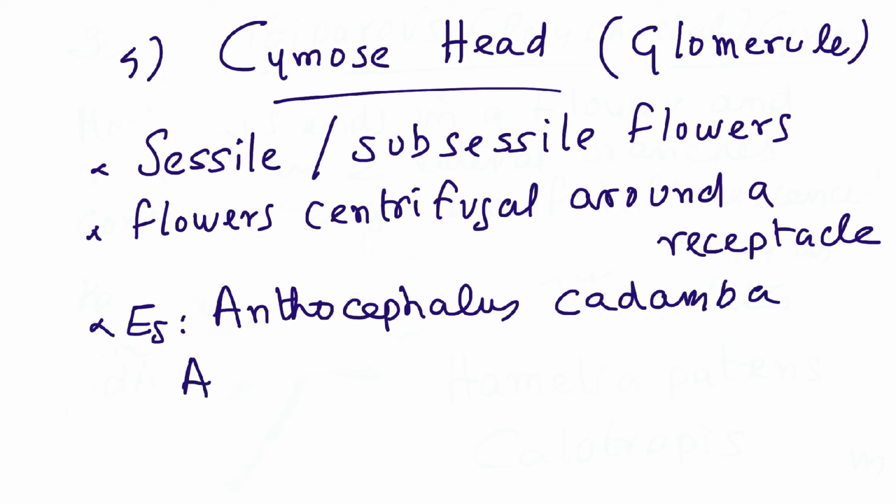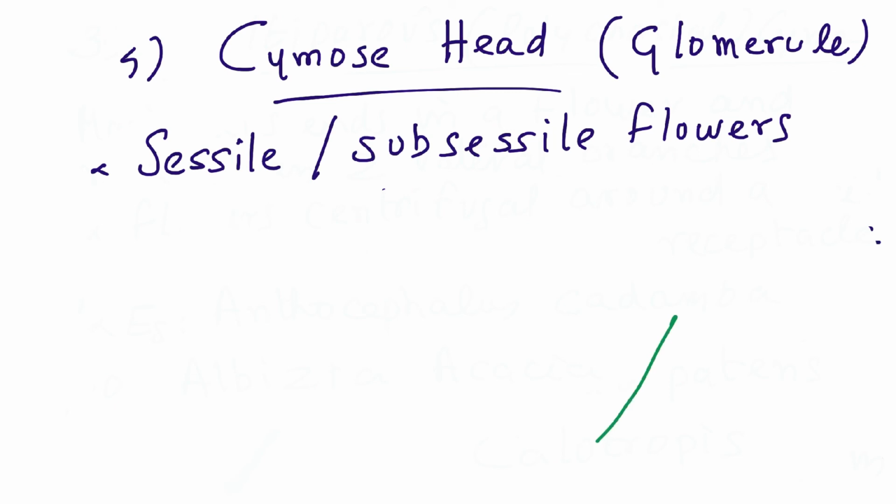A very interesting case is the Kadamba tree, that is Anthocephalus Kadamba. Also, you have Albizia and Acacia. So Acacia or kikar is a very commonly found plant in the Indian subcontinent.